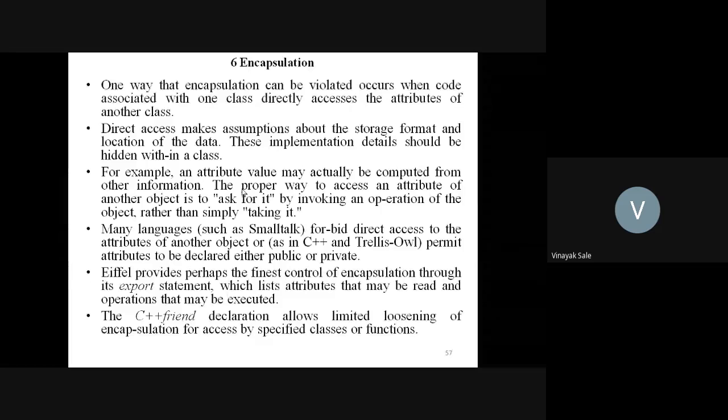These implementation details should be hidden within a class. For example, an attribute value may actually be computed from other information. The proper way to access an attribute of another object is to ask for it by invoking an operation on the object rather than simply taking it.